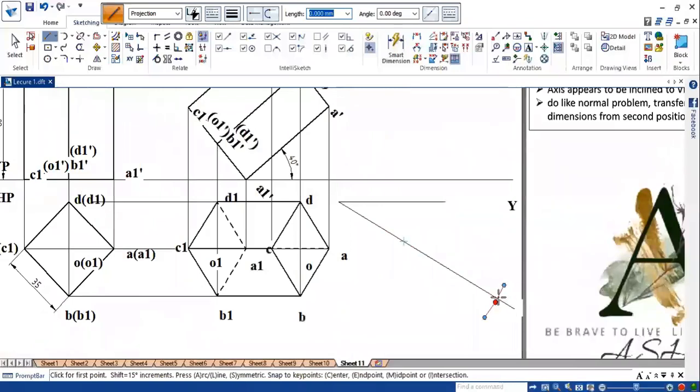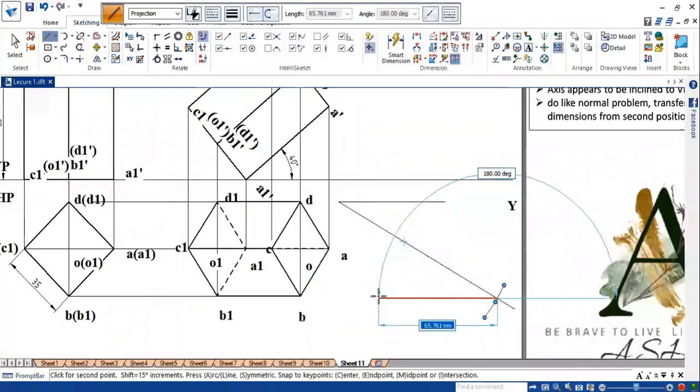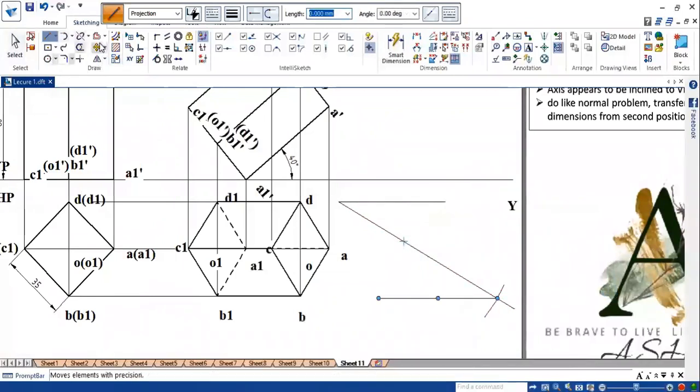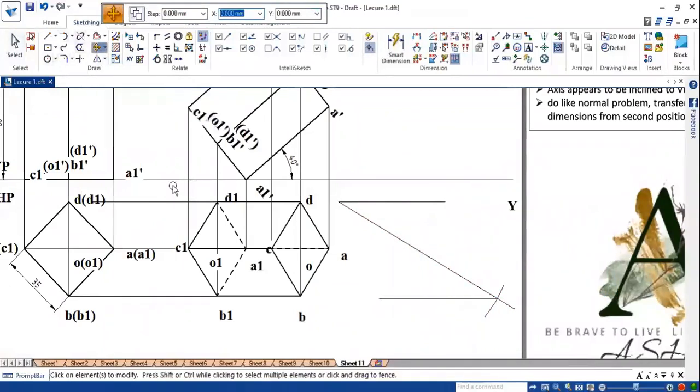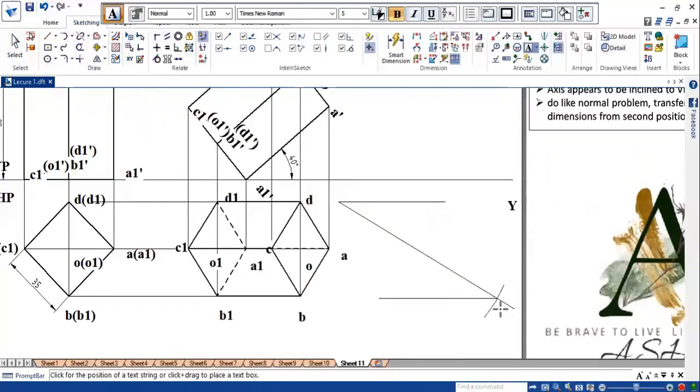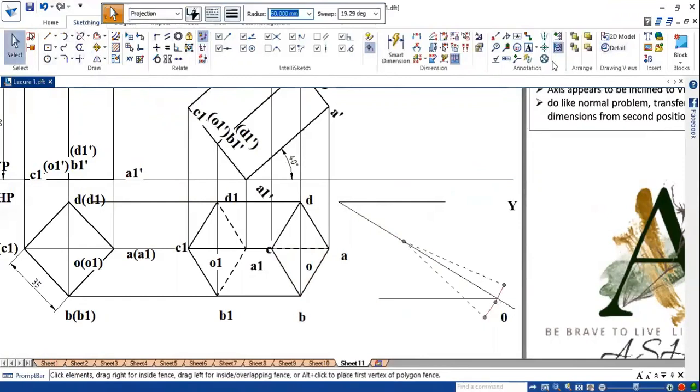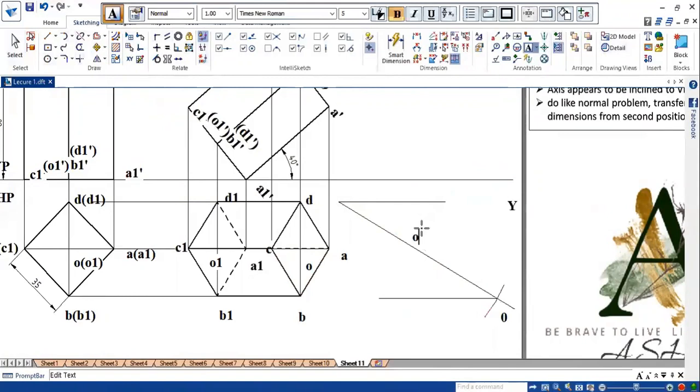Wherever it intersects, draw the locus. Now this is the locus. So I name this as O and this as O1.